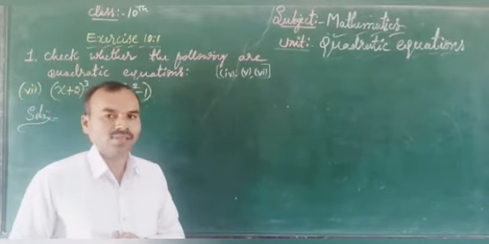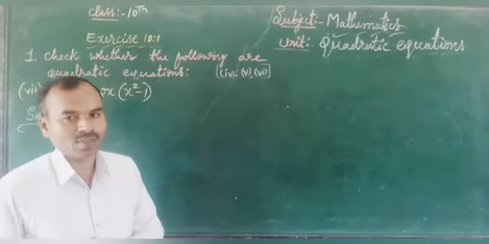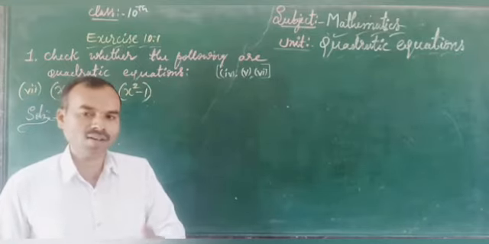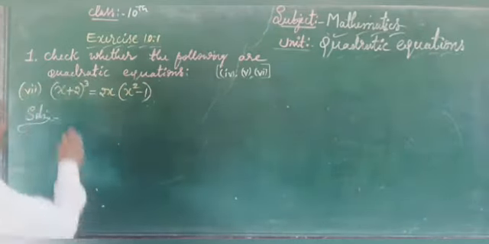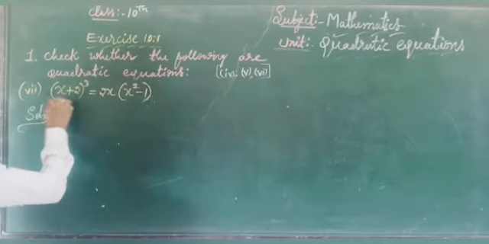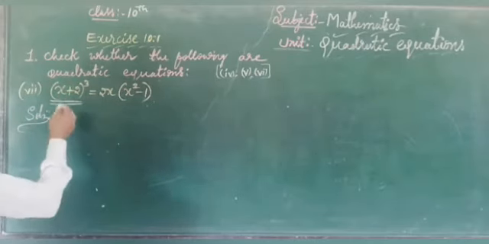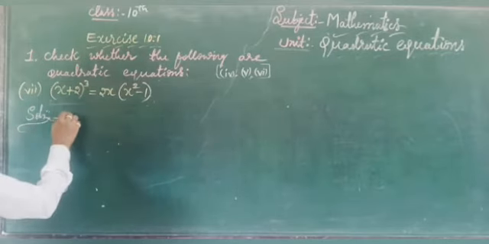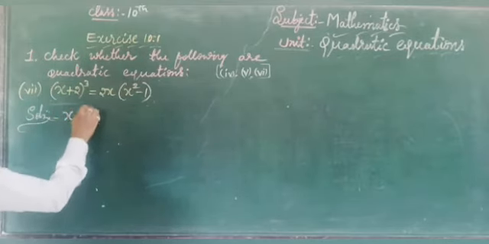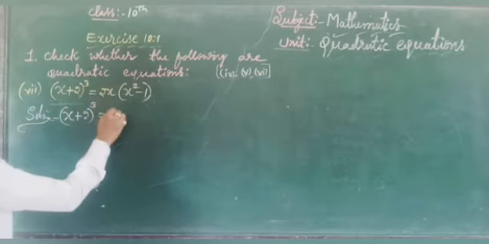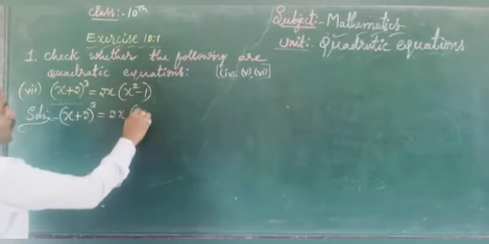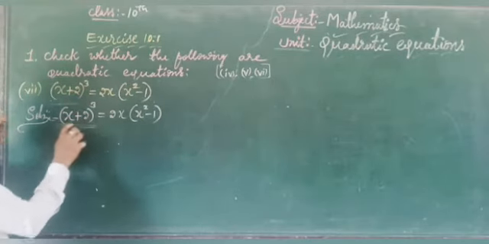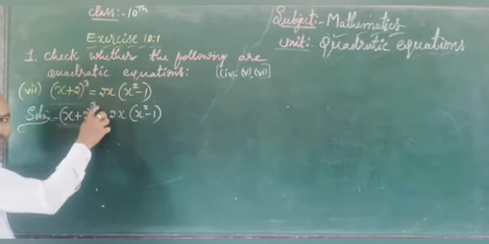So express the given LHS by using the identity a plus b whole cube. So here this is of the form a plus b whole cube.